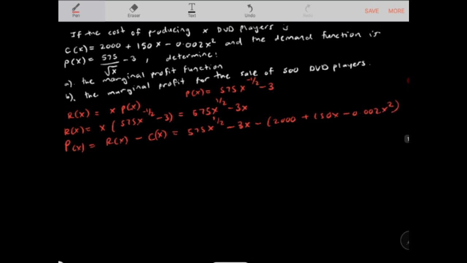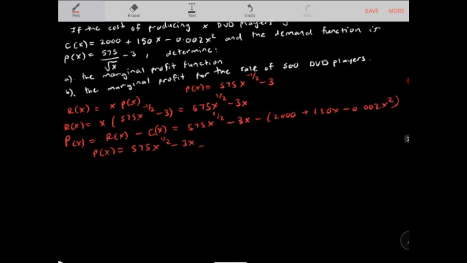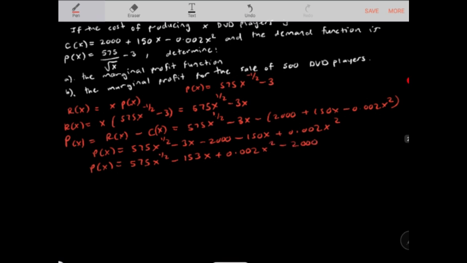If I simplify this, the profit function looks like 575 x to the power 1/2 minus 3x minus 2000 minus 150x plus 0.002x squared. Collecting all the like terms, P of x is equal to 575 x to the power 1/2 minus 153x plus 0.002x squared minus 2000.